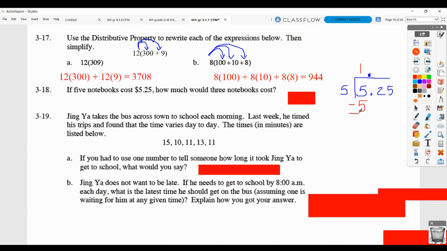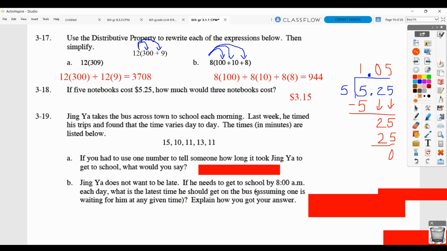Subtract, we get nothing. Bring down the 2. 5 does not go into 2, so we put up a 0. Then bring down the 5, and 5 goes into 25 5 times, giving us 25 remainder of 0. So $1.05 would be our answer, but again, show that long division.